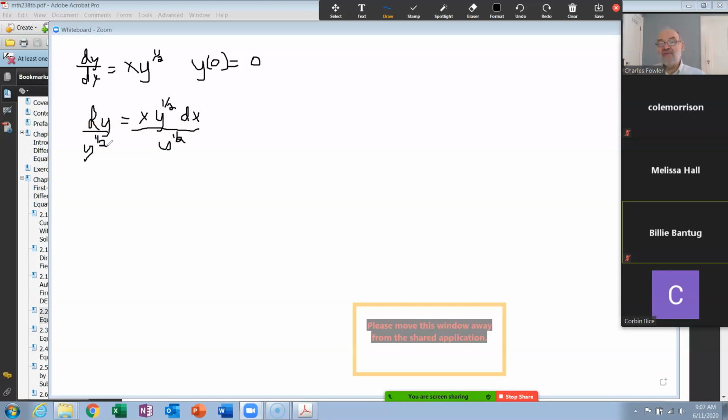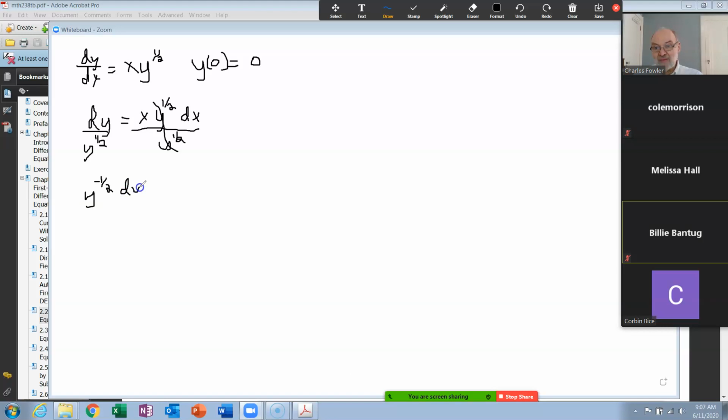Okay, and right there, if you pause to look at it, that's where our problem arises. The y to the 1/2 cancels out on this side, and I'm going to rewrite this ever so slightly as y to the -1/2, because I don't like trying to integrate with a variable in the denominator, dy, unless of course it's just y down there, and then that would be a log y, whatever.